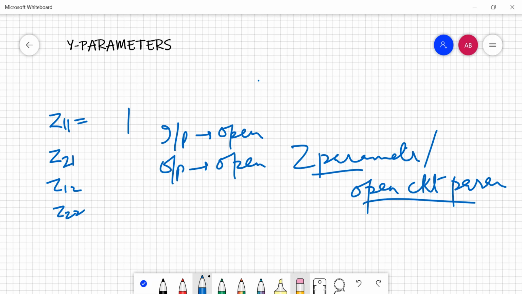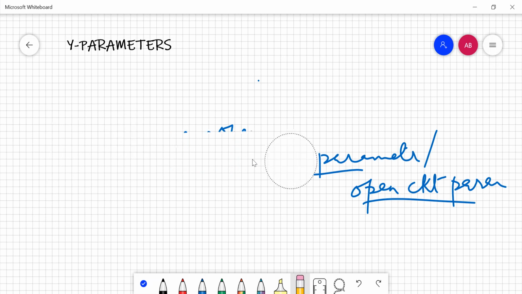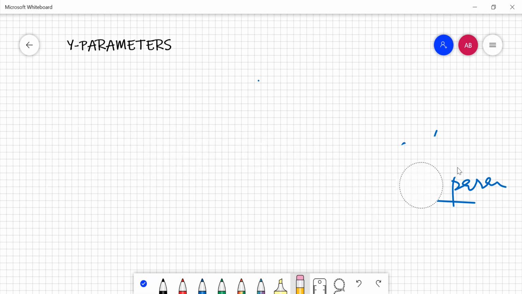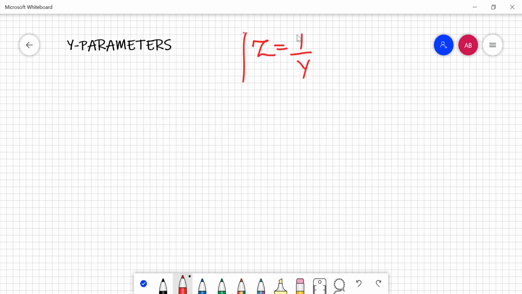So now we need to concentrate on our Y parameters definition, then its equivalent model, and then the numericals based on Y parameters. So let's first define our Y parameter equations. You all know the relation between Z and Y; this is called admittance.